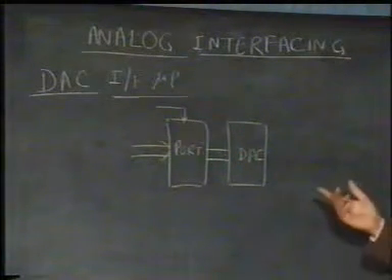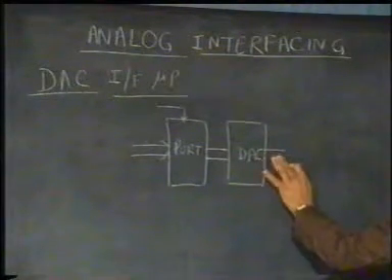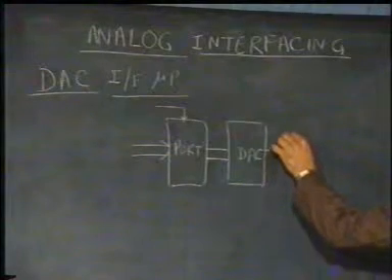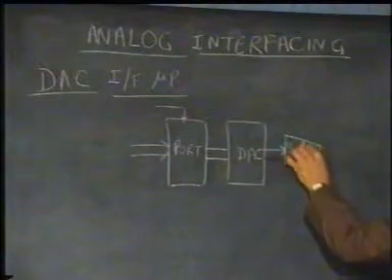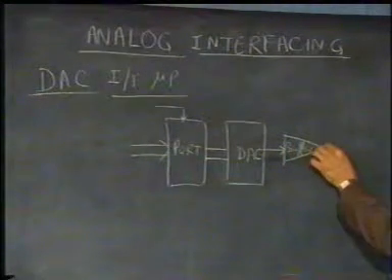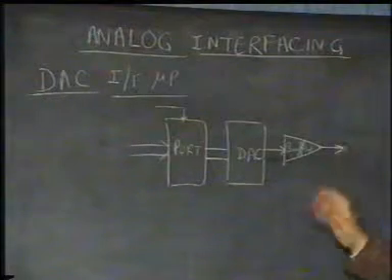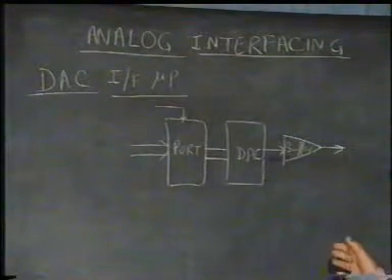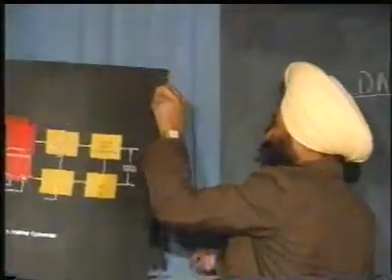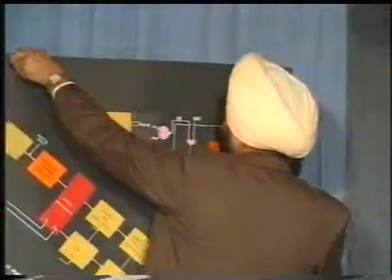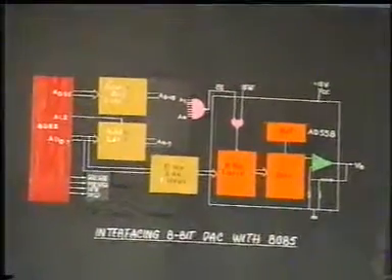After giving sufficient conversion time, we can send this analog output to a buffer here. This is a buffer like an operational amplifier, which gives sufficient drive for the analog signal to be used by any device. So we can take the examples of various D2A converter chips to be interfaced with the microprocessor.